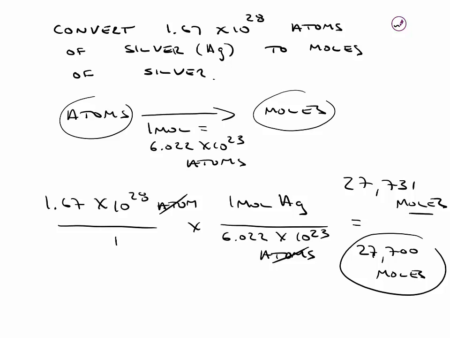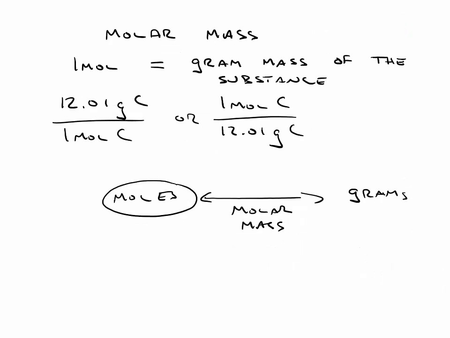The other definition of the mole that we talked about is molar mass. We know that 1 mole of any substance will equal its gram mass of that substance. For example, when you look at the periodic table, you see that carbon has an atomic mass of 12.01 atomic mass units. We can now look at that in terms of units of grams per mole.